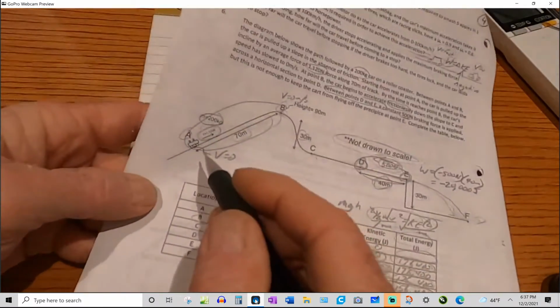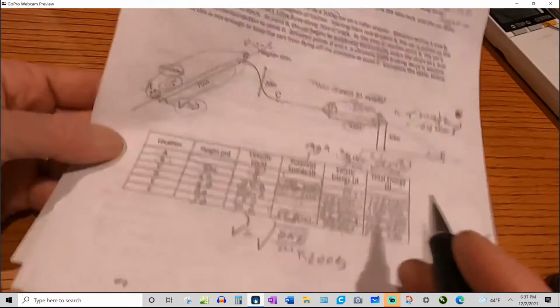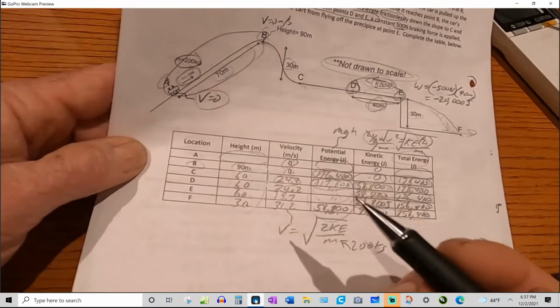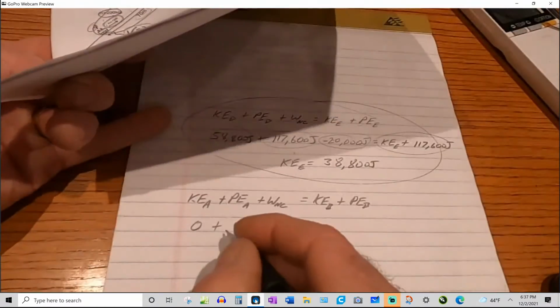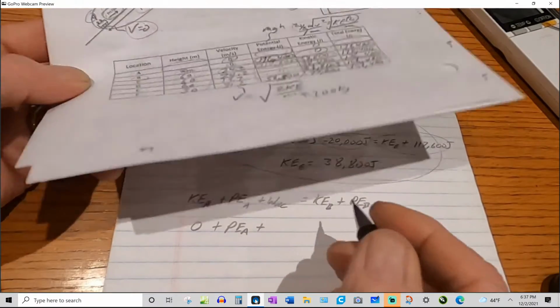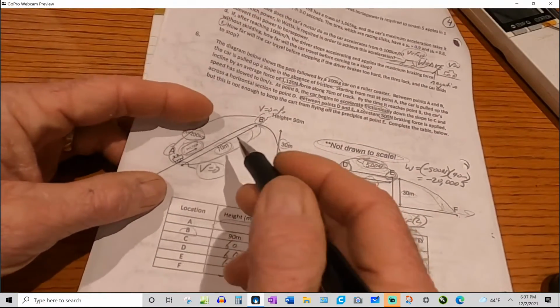And kinetic energy at A, I know is 0. I've already done that because the velocity is 0. So 0 plus, I don't know the potential energy at A, but I'd like to find out, and I will, right here. Plus the work. Now the work is this force over that distance.